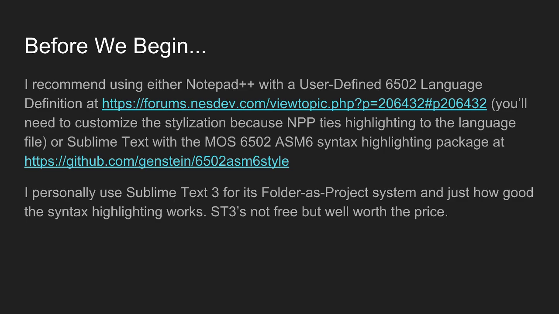Though to be fair, an upcoming version of NESMaker is going to add built-in script editing functionality, so this might not be necessary later, but Sublime Text is awesome for allowing you to have a folder as a project. Sublime Text isn't free, but well worth the money. Highly recommended. Not an advertisement, though. I just say that as a developer.